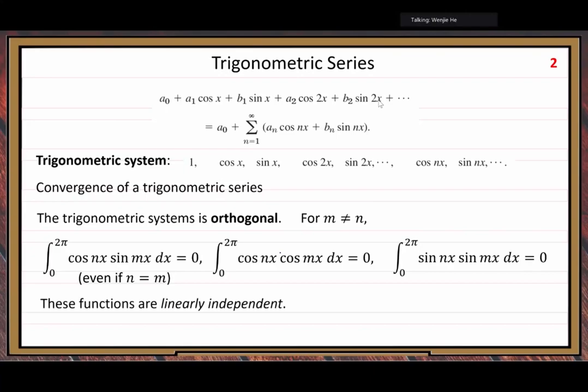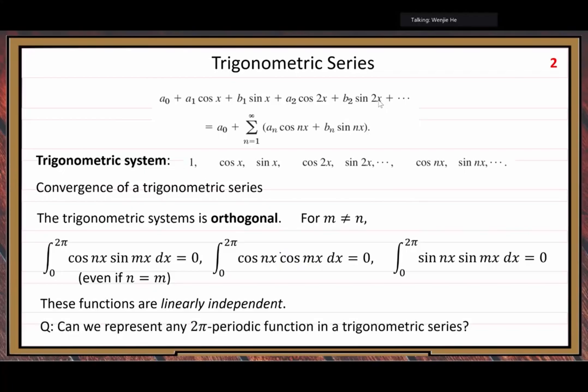So these functions are linearly independent. Orthogonal. So these three zero integrals can tell us these functions are orthogonal.